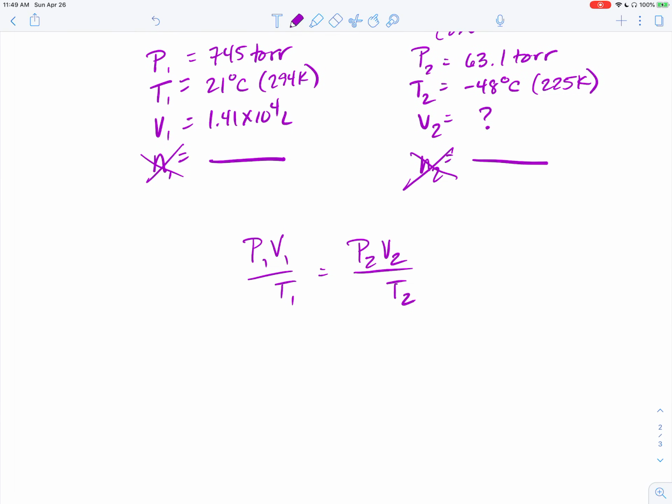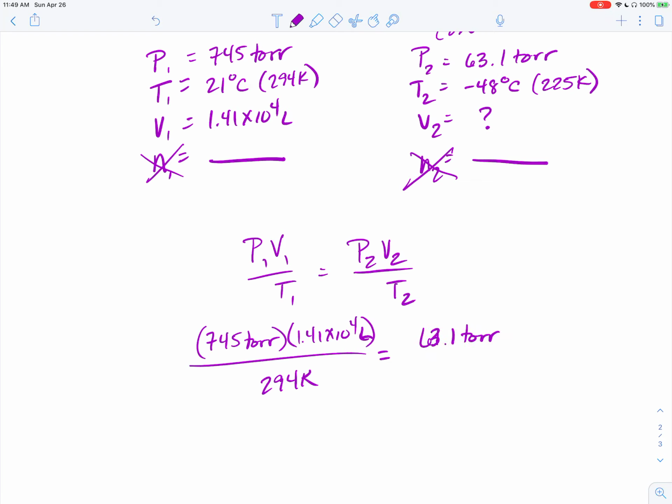I'm going to go ahead and plug everything in. So I have 745 torr for P1, V1 is 1.41 times 10 to the 4th liters, and T1, 294 Kelvin, equals P2, 63.1 torr. We don't know V2, but T2 is 225 Kelvin. We're going to solve for V2.